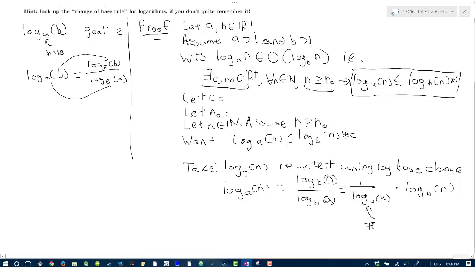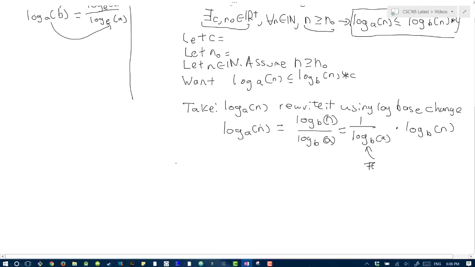So since log A of n equals this, remember what we want to prove here. We want to prove that it is some value C multiplied by log B of n.